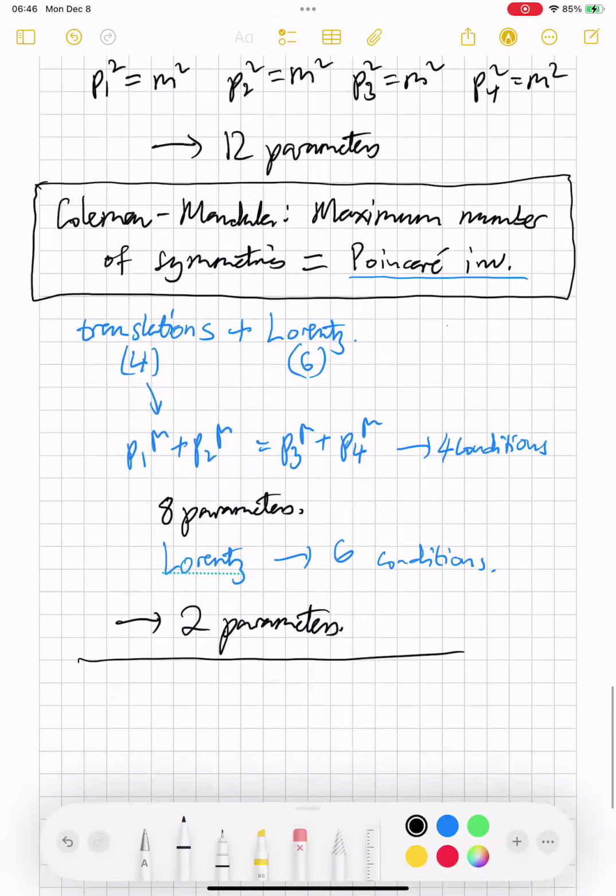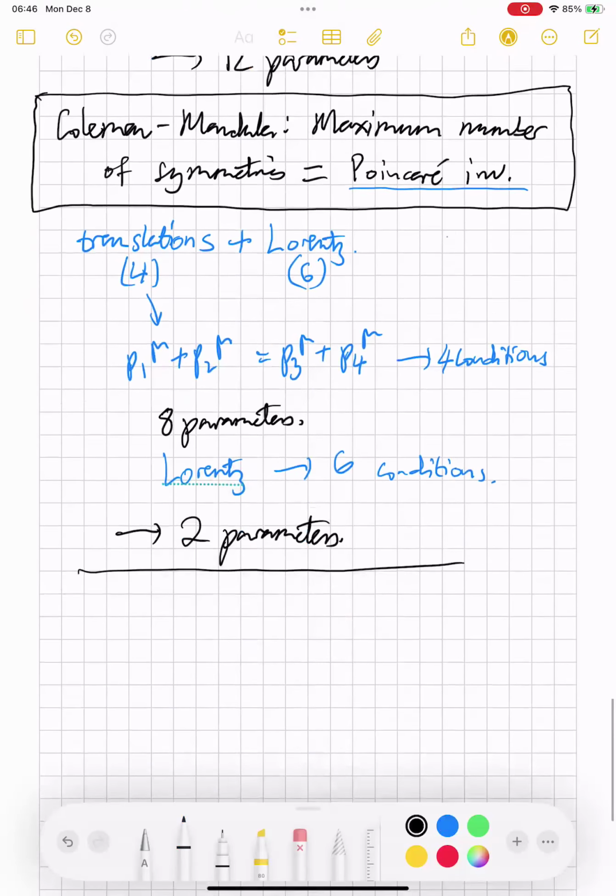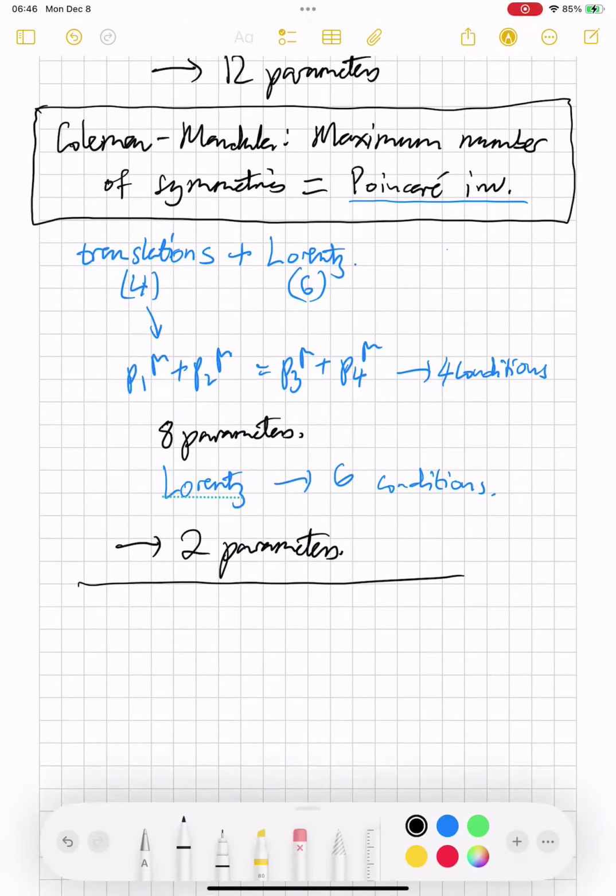So the Coleman-Mandula theorem, the main thing, okay, so what are the key ideas that I want you to take away? We didn't prove the theorem carefully, but here are the key ideas. So you have a theory. For it to be non-trivial, it must depend freely on some number of parameters. For it to be unitary and causal, we know that it must depend on at least 2 parameters. It must depend on at least 2 parameters to be causal and local.